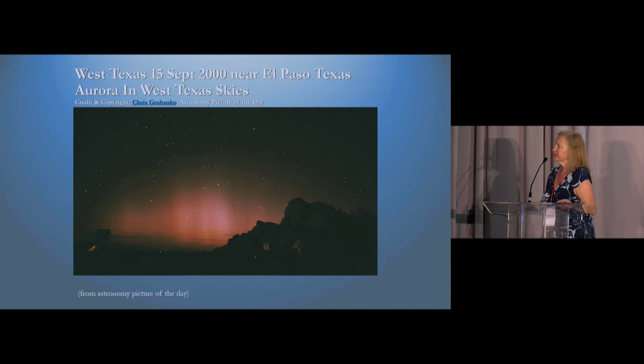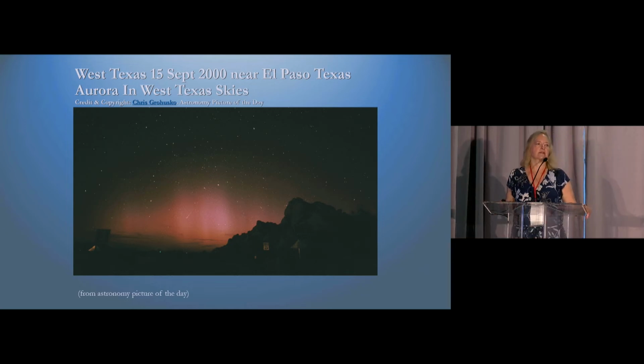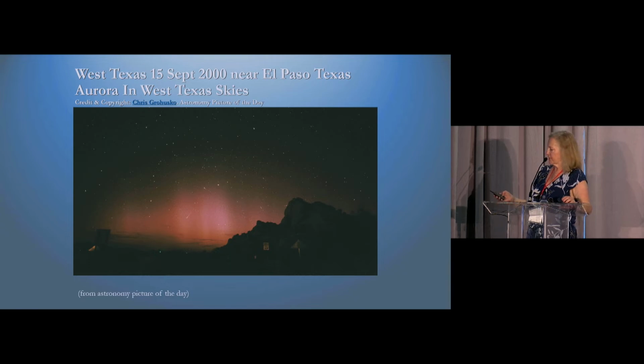So since this is Texas, and I think I'm about right on time, I want to end. This was actually the 15th of September in 2000, but we do see aurora in Texas. I bet you didn't know that. This is a very large geomagnetic storm, and this is in El Paso at the Big Bend National Park.